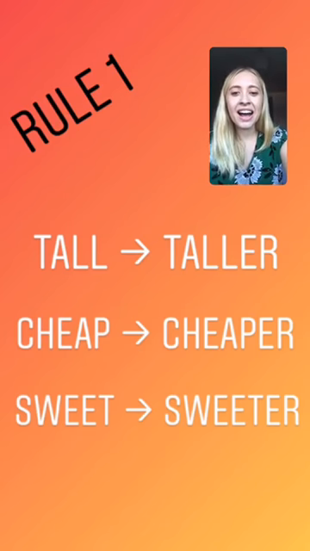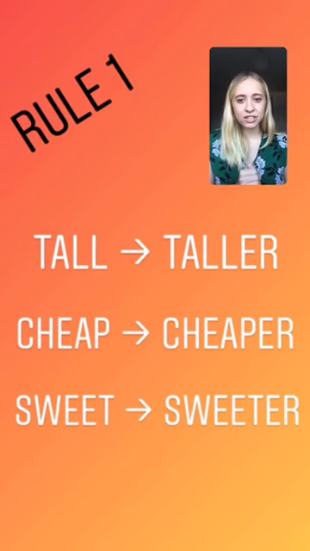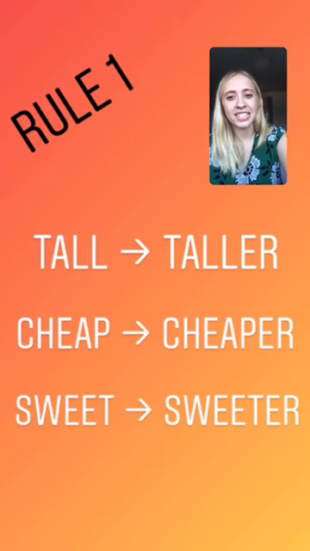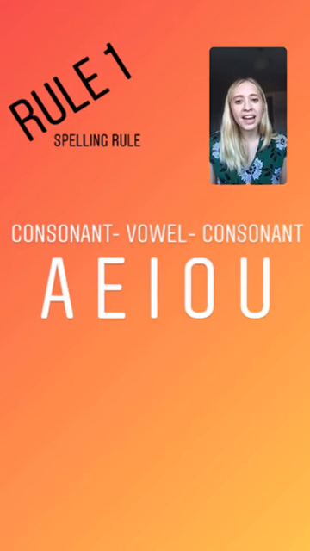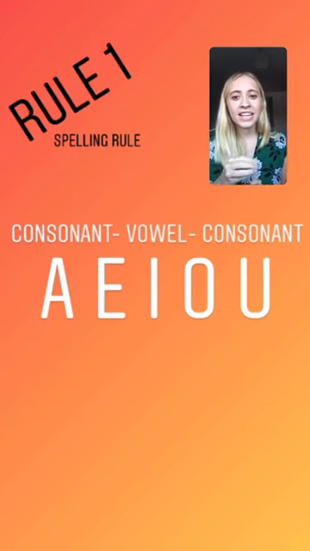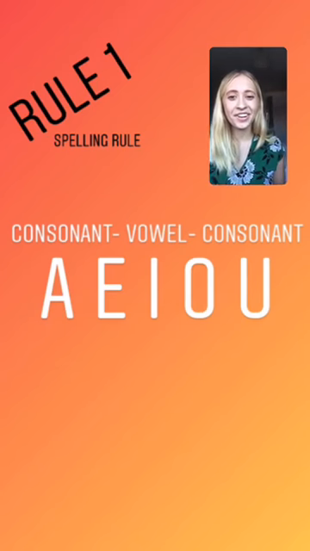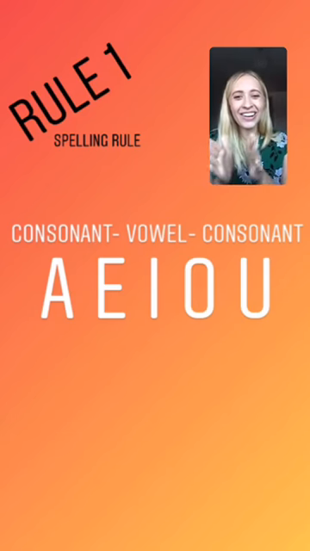There are some extra things to be careful of when spelling these 1-syllable adjectives. If you have an adjective that has a consonant, vowel, consonant, we need to do something a little bit different. Your vowels are on the screen.